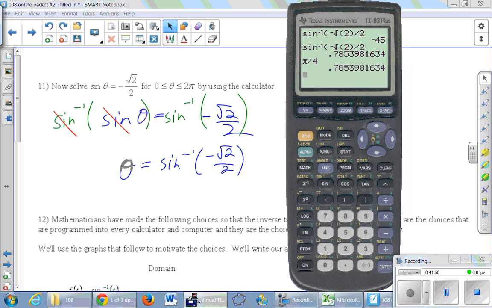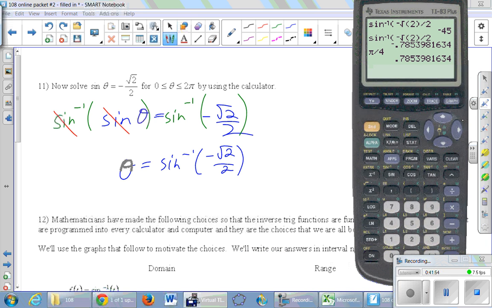So we have a nice number up here, but the fact is it's not normally a nice number. So we need to be able to handle when it's not normally a nice number. We'll say about 0.785 radians. And you got to use symmetry. You got to draw yourself a really nice picture.